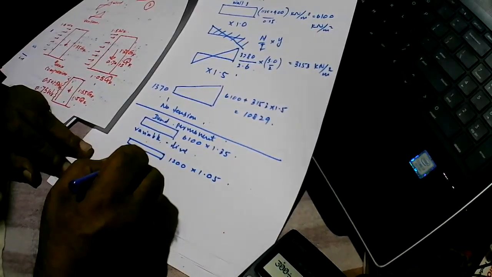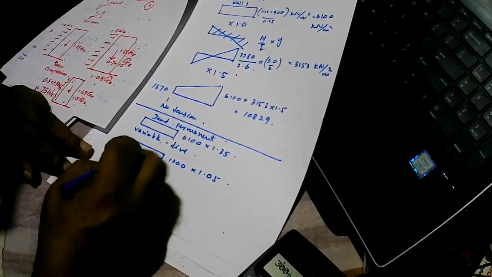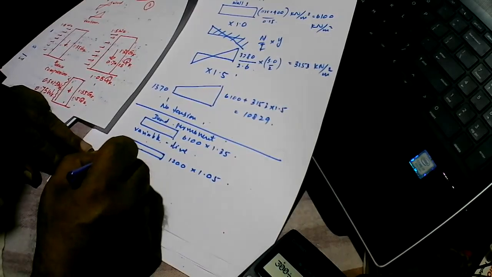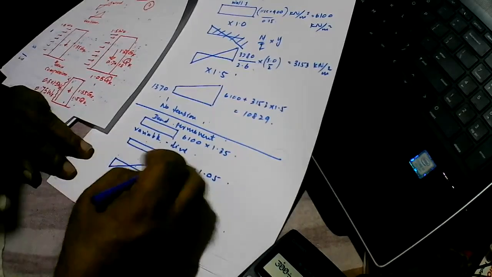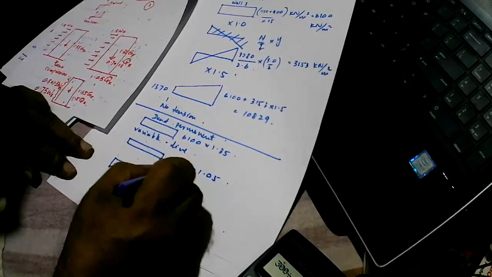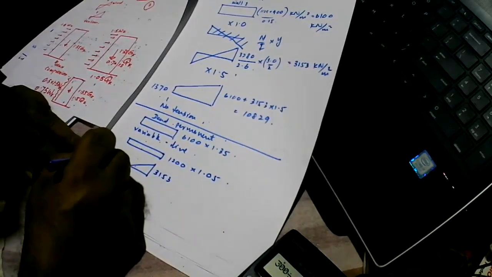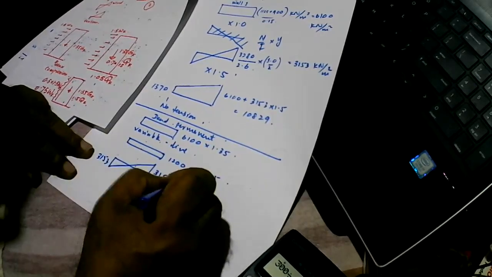Then we also have this wind induced stress, 3153, multiplied by 1.5.